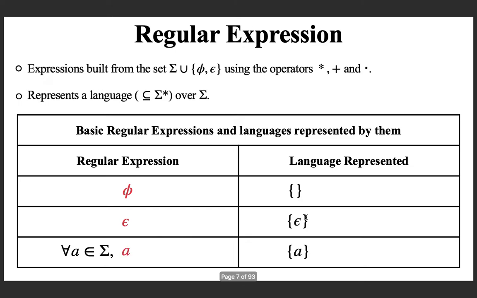And for any alphabet a in sigma, the alphabet represents a regular expression representing this language. So any alphabet small a is a regular expression representing the language set a, and these are the basic set of regular expressions. So by definition these are regular expressions representing these languages respectively.